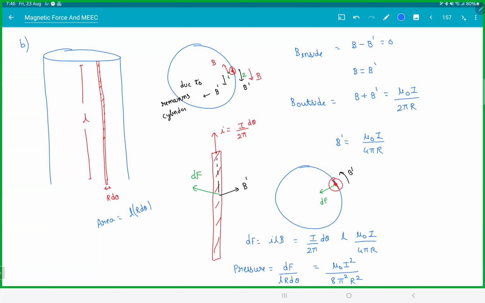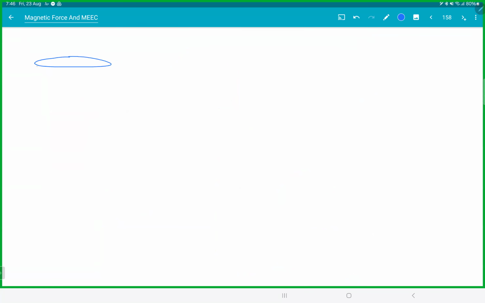I'll give you an easy way to remember this formula. So let me just draw the final result here. So when you have a cylinder like this, and you are carrying a current like this, it doesn't matter which way the current flows.